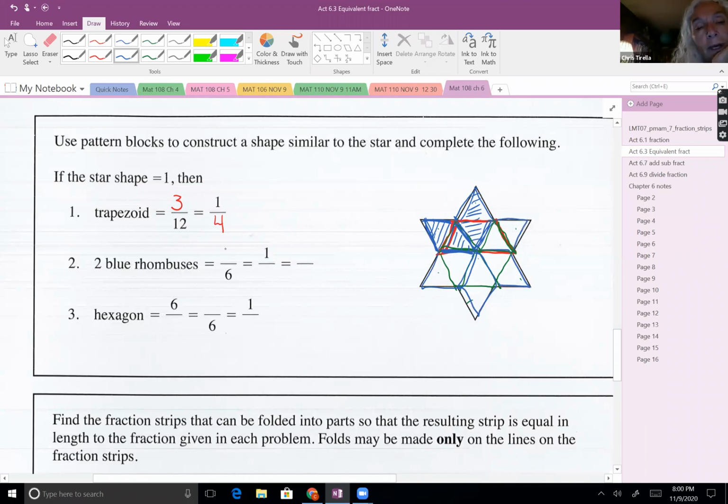And so wouldn't that be 2/6? Or wouldn't I have 1/3 filled in? Or if I look at it in terms of all of those little triangles, wouldn't that be 4 out of the 12 triangles? So far, so good?